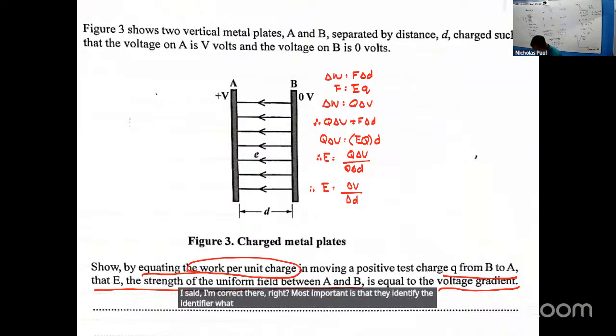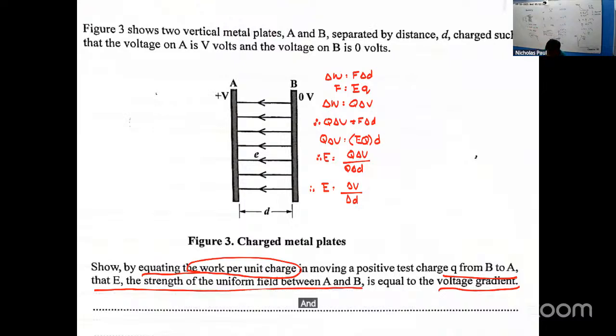So you start with the same formula for work done, and then you substitute F. The objective is to make E the subject of the formula. And in making E the subject, you'll be able to show that E is equal to the change in potential gradient, so the electric field strength is equal to the potential gradient.